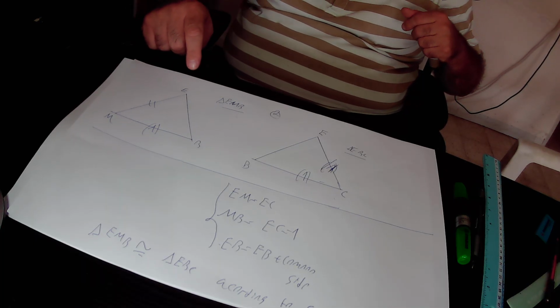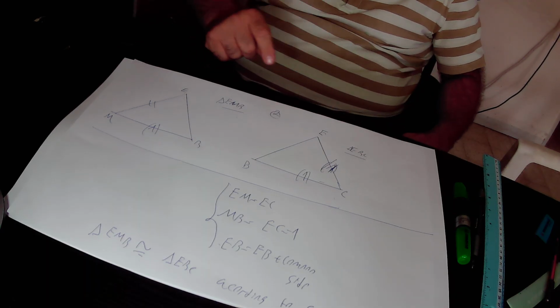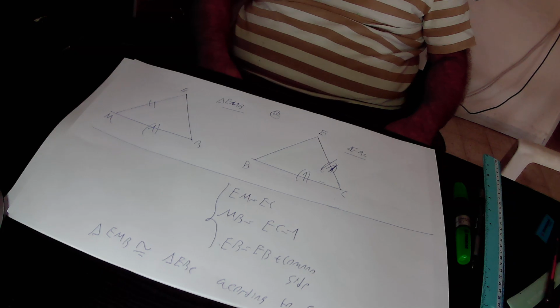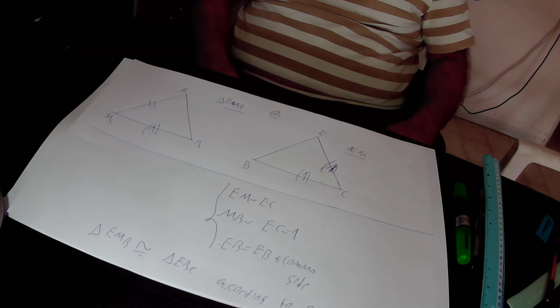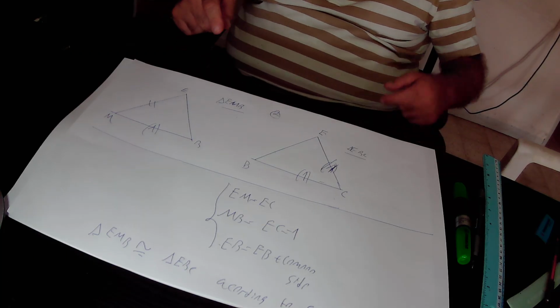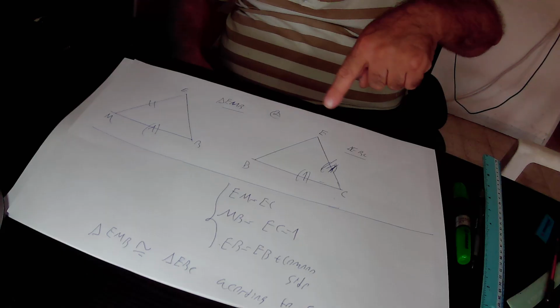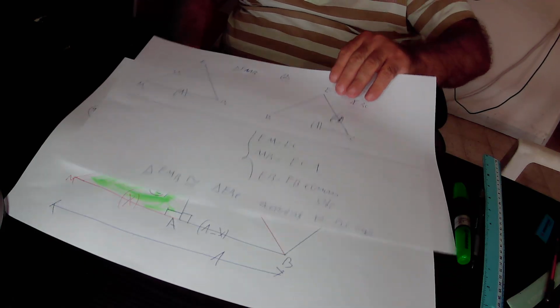EM equals EC, according to what we already found out. In addition, we have MB equals BC equals 1. They are both equal to 1, therefore they are equal to each other. And finally, EB is the common side that belongs to both triangles.